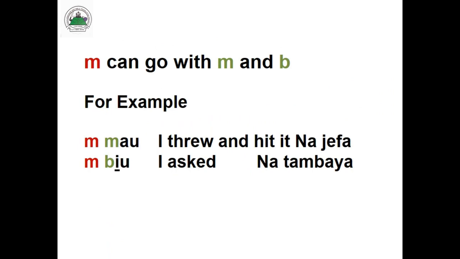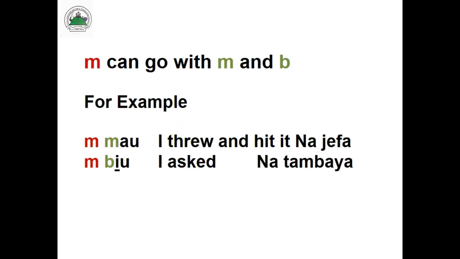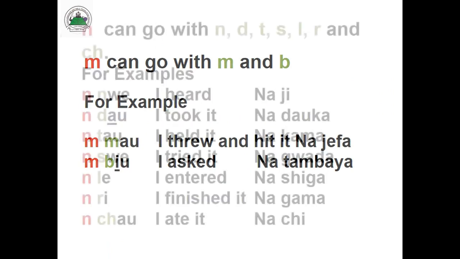So for example, we have mau, which means I threw and hit it. Then in Hausa, na jefa. Another one is mbu, which means I ask. The Hausa, kuma na tambaya.